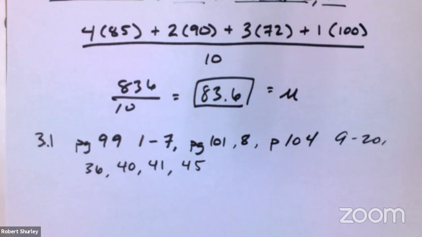And really the mode I'm not worried about as much, but the median and the mean need to line up pretty evenly for us to be able to use some larger statistics that we have in future sections. The mean and the median have to line up for that to work out. Okay.